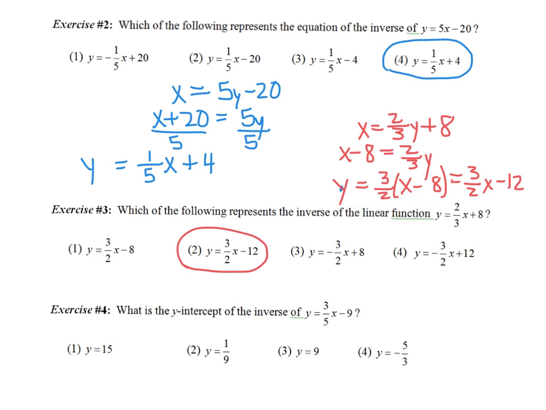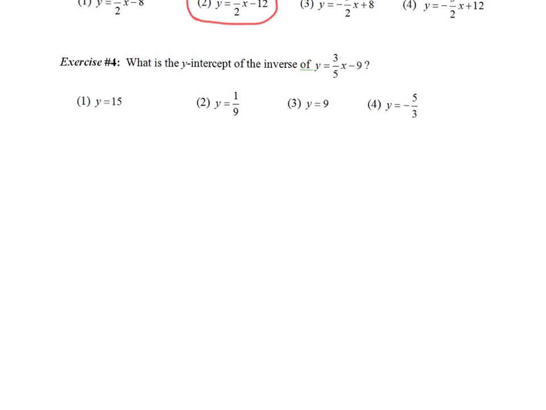Choice number 2. In exercise number 4, we want to find the y-intercept of the inverse. So let's first of all go ahead and solve for the inverse. Let's switch the x and the y. So we have x is equal to 3/5 y minus 9. Adding 9 to both sides of the equation, I have x plus 9 is equal to 3/5 y.